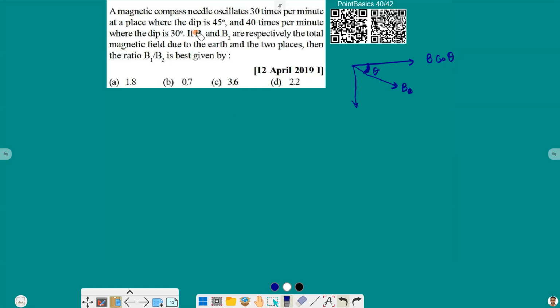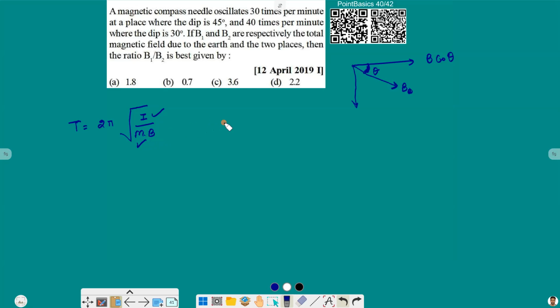Now oscillations are mentioned. So the formula for the time period of oscillation is 2 pi under root I by MB. And as the magnetic needle is not changing, neither is its axis changing, so I is constant here, the magnetic dipole moment is constant here, so it only depends on the magnetic field.